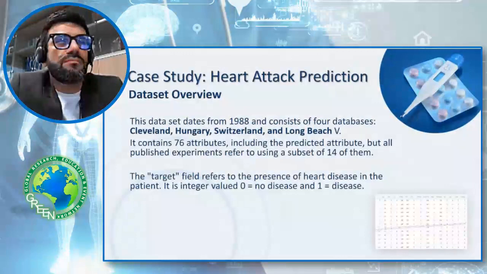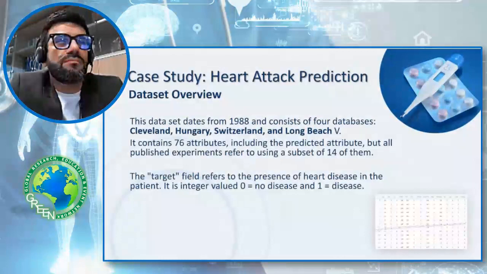The dataset has 76 attributes, but for our experiments, we focus on only a subset of 14 key attributes that are most relevant to heart disease. Our goal is to predict whether a patient has heart disease based on these attributes.